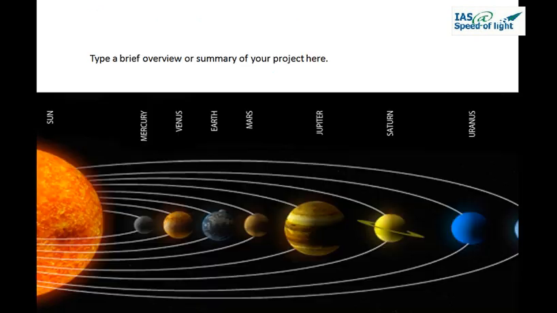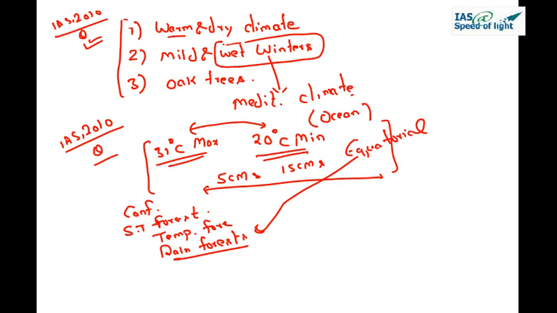Let us see another question which was asked in IAS 2003, where they're giving an assertion saying the areas lying between 5 degrees to 8 degrees latitude on either side of the equator receive rainfall throughout the year.